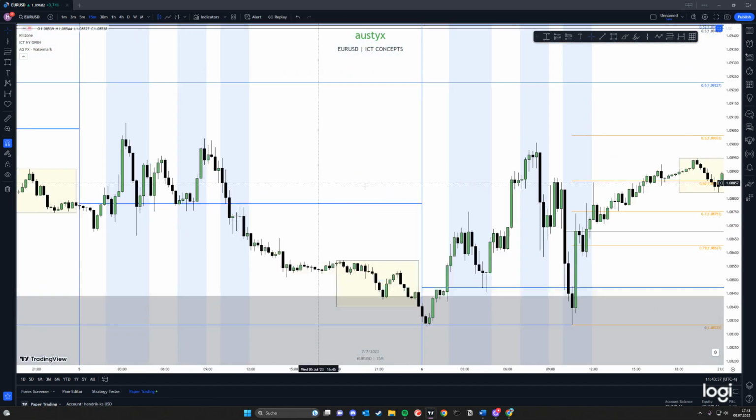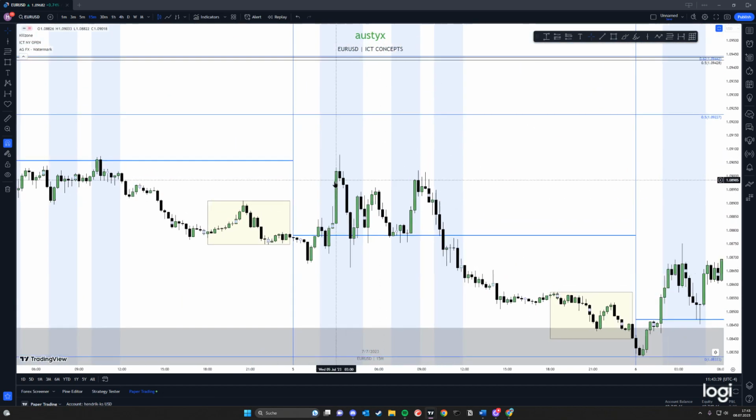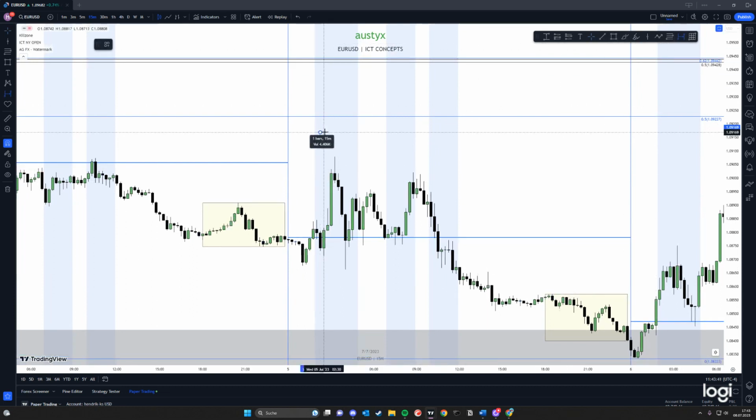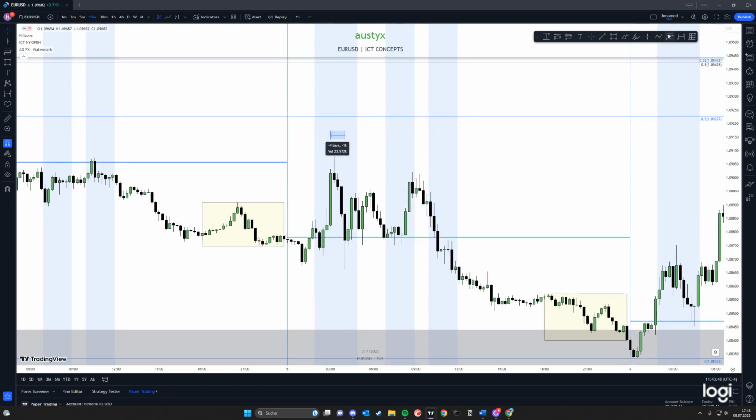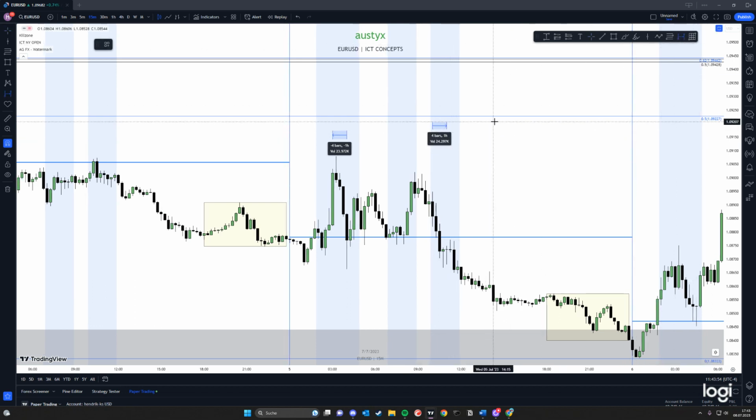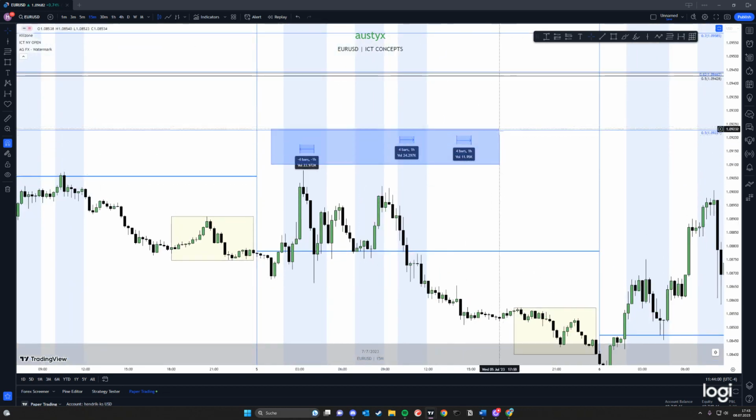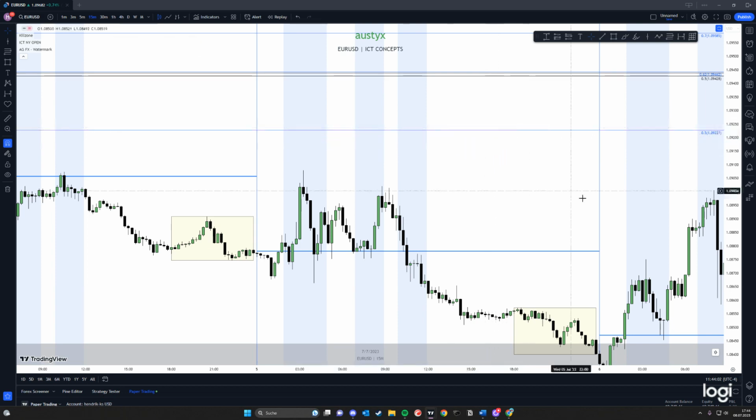Other things of importance, like I just said, the kill zones, as well as the silver bullet hours, which means 3 to 4 AM. Then we have 10 to 11, and the least significant 14 to 15. I never trade this, but those are our 3 silver bullet times, so you want to keep those in mind.